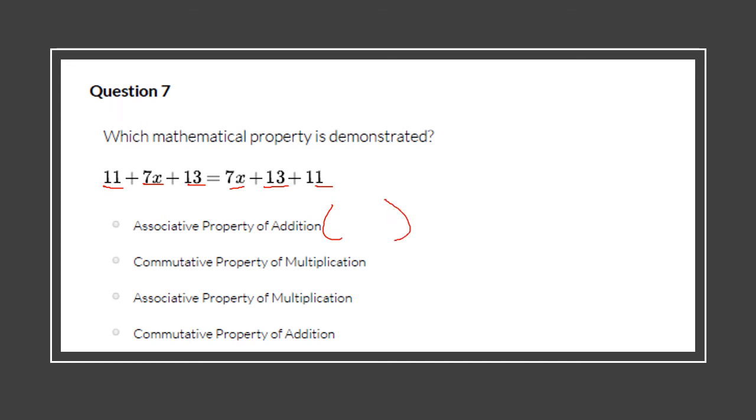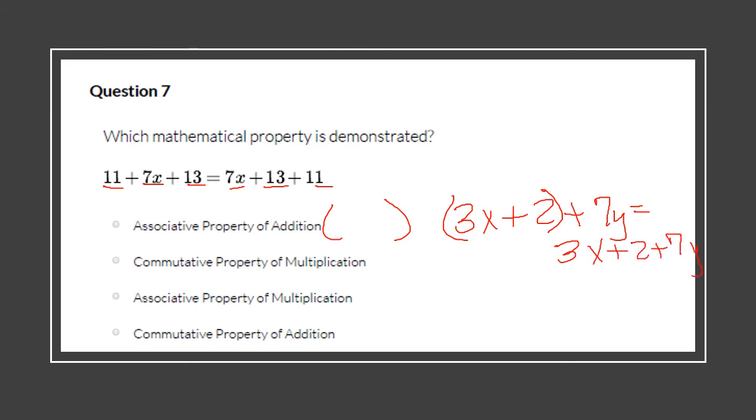So this would be like 3x plus 2 plus 7y, and it said equals 3x plus 2 plus 7y. So the exact same order, just the parentheses moved.